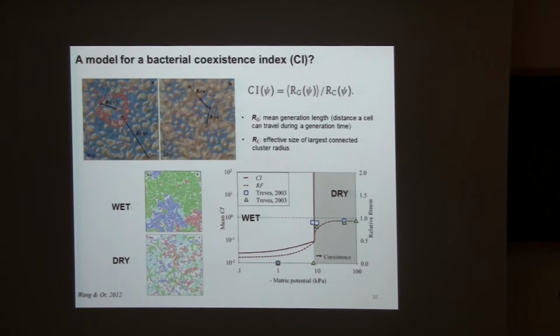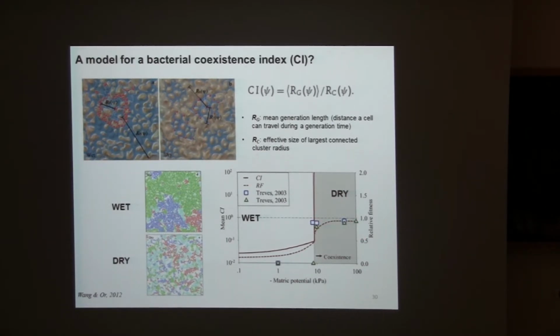And they used this to compute this coexistence index and compare with some of the data that I showed you previously on these sand microcosms. And we find some elements that tend to support this: under dry conditions, you get coexistence of the two species, and it's not the case when it's wet.